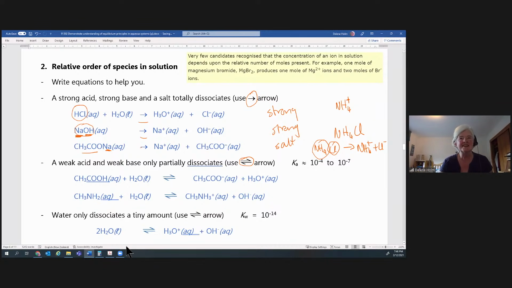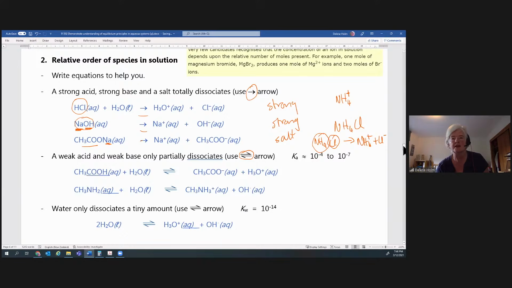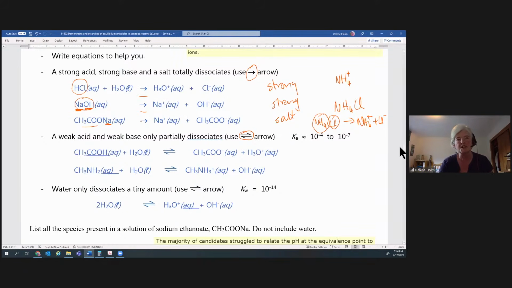Okay, so here, if it's weak, you must land up with your hydronium ion if it's an acid, and you must land up with your OH minus if it's a base, and you must include your water, and it must be an equilibrium arrow. Then finally, what I've got here is when you do the relative order, you've always got water. Water will also always dissociate, but Kw is very, very small, so it hardly dissociates.